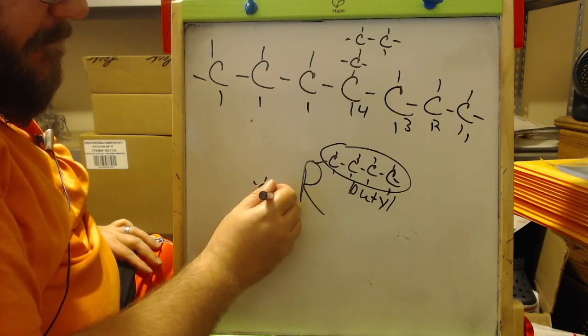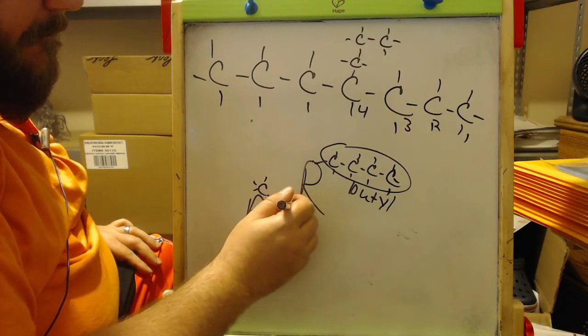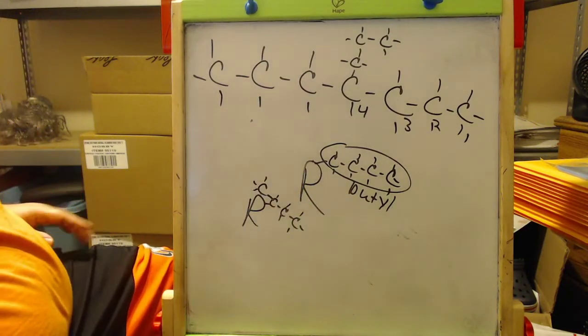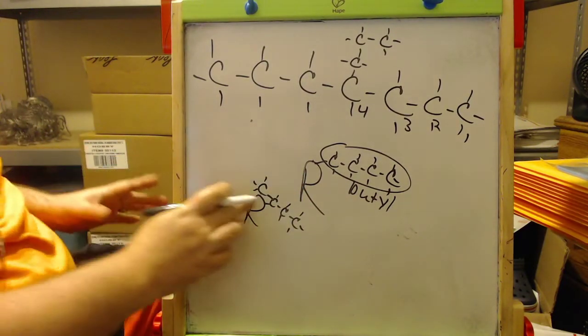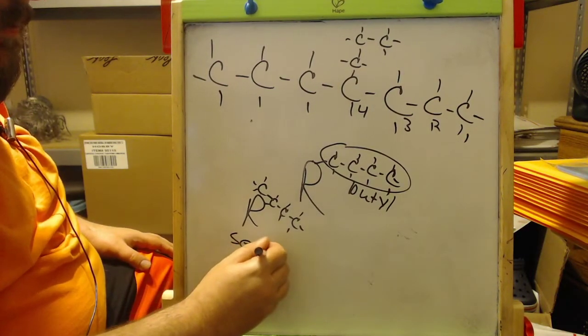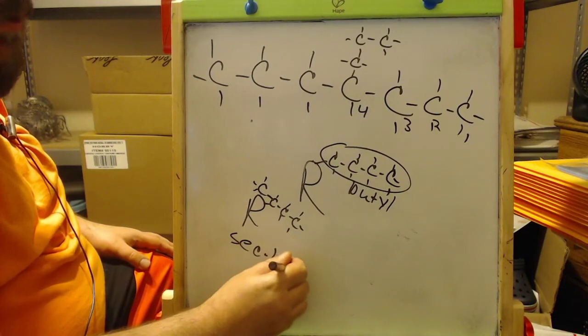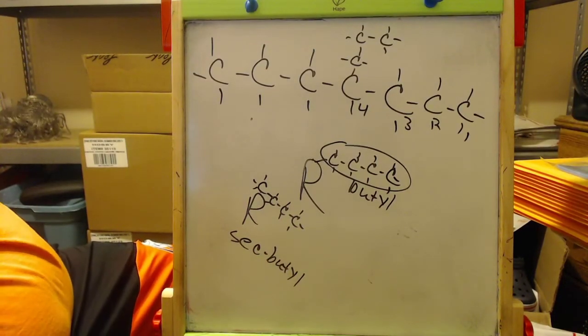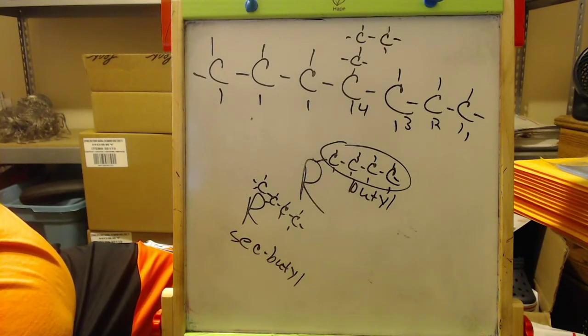It attaches to the second carbon. Well, it's not an iso because it's not the middle, because there's 2 there. So we call this sec-butyl, meaning it's attaching to the second carbon of the butyl group.